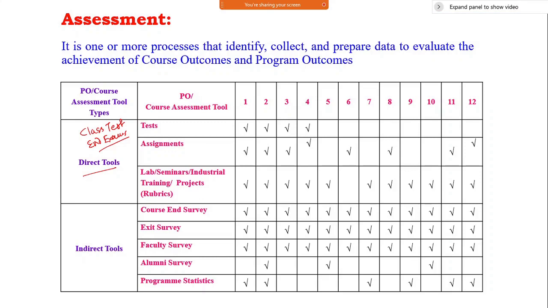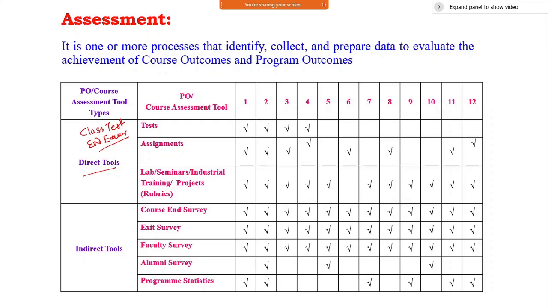Most of the time, we are very eager to put marks in each and every place in this matrix, maybe 2 marks, 1 mark or 3 marks. It is not expected that every blank space should be filled out in this CO-PO mapping.